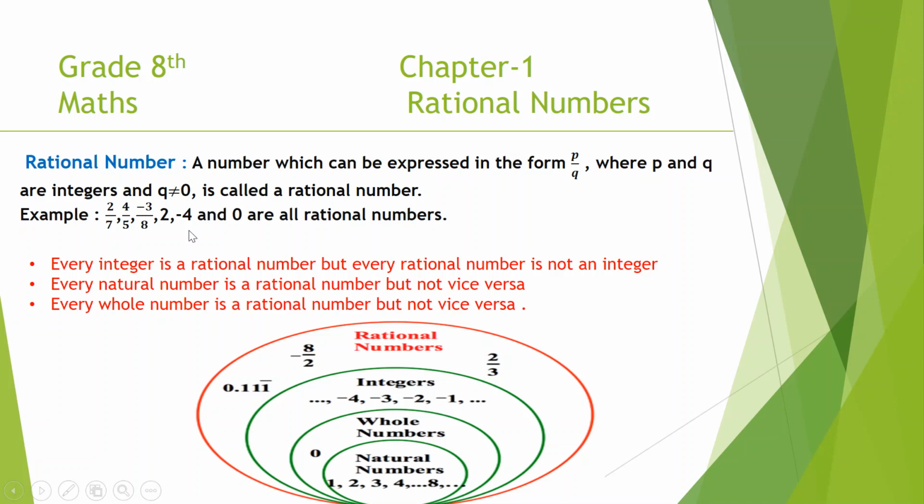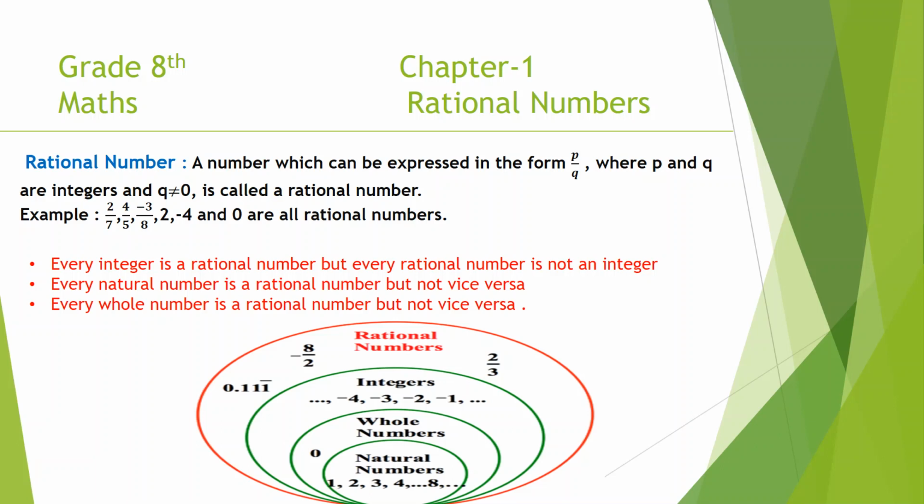So minus 4 is also in the form of p upon q, so it will be a rational number. 0, in the denominator of 0 also we can write 1 and it will become in the form of p upon q, so 0 will also be a rational number.